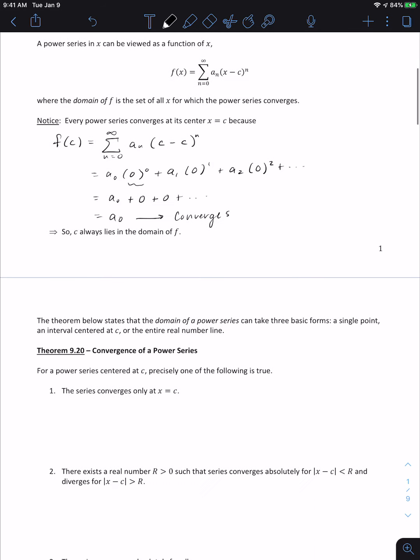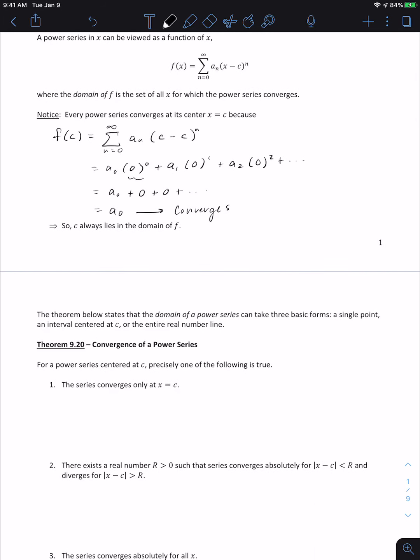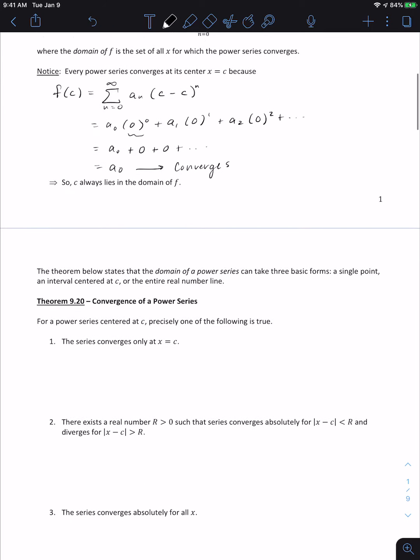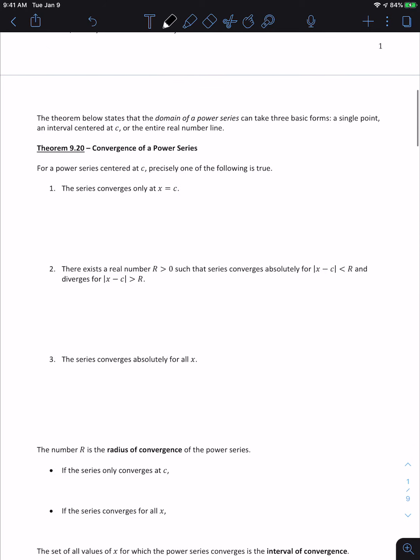The next theorem states that the domain of a power series can take three basic forms. It can be a single point, which is the center, or an interval centered around that center c, or the entire real number line. This is theorem 9.20, convergence of a power series. For a power series centered at c, precisely one of the following is true.